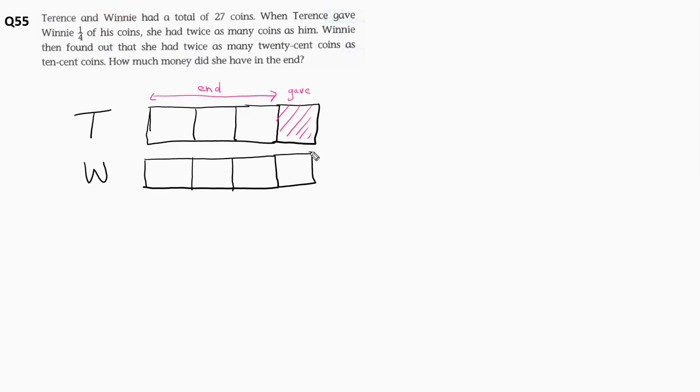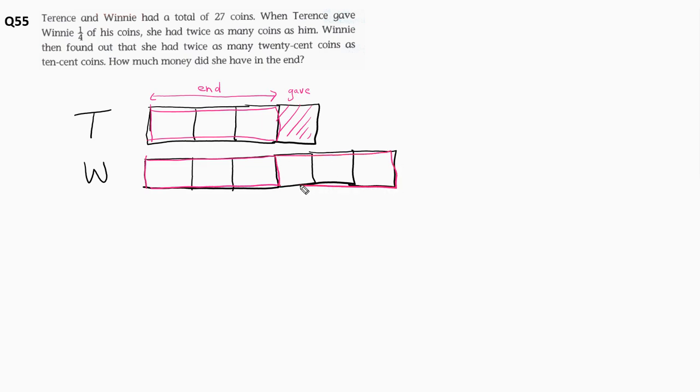So 1, 2, 3. And I will just draw around to make it easy to see. So that's what Terence has in the end, and this is what Winnie has in the end.